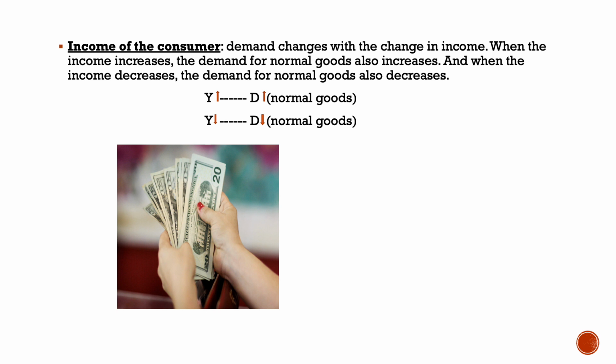And when the income of the consumer decreases, the demand for normal goods also decreases. Both income as well as the demand are moving in the same direction. If one increases, the other also increases, and if one decreases, the other also decreases. So there is a positive relationship between them.